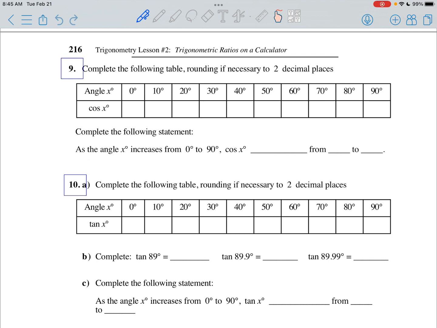For number 9, you can just find the value by yourself using the calculator. As the angle increases from 0 to 90 degrees, the cosine x decreases from 1 to 0.